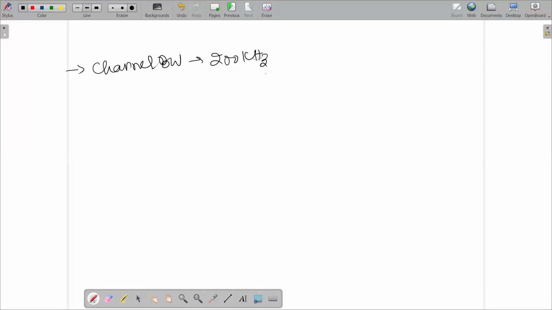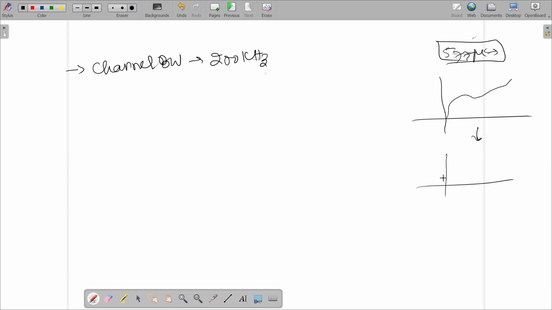Here it is 200 kilohertz, because the slot duration is very small, 577 microseconds. I can transmit only a few bits here. Simply, I can say this is my analog signal, so the digital form of this will be a discrete signal.